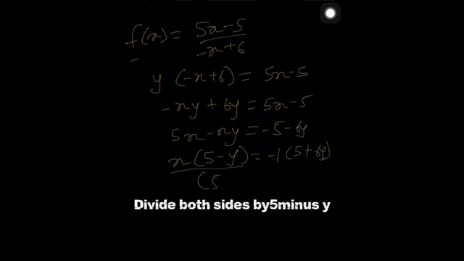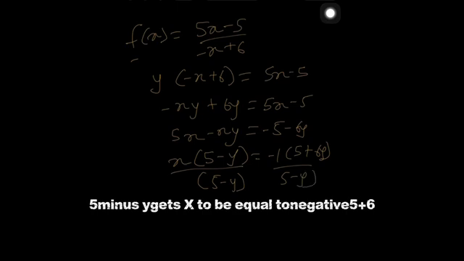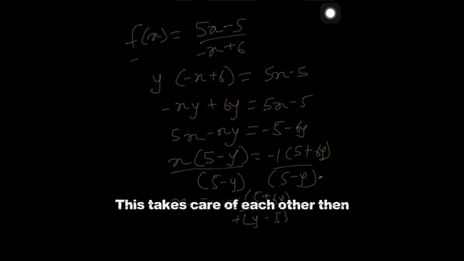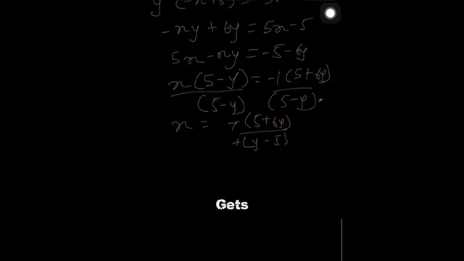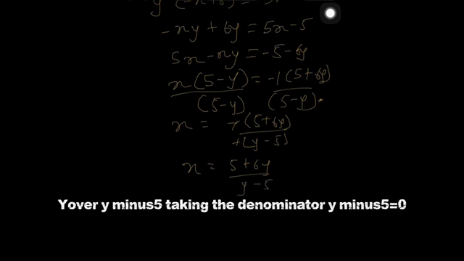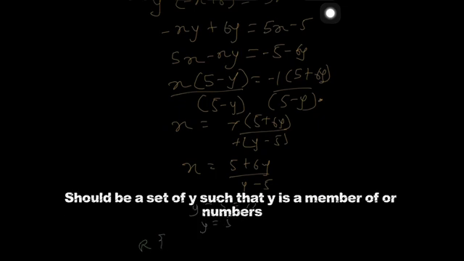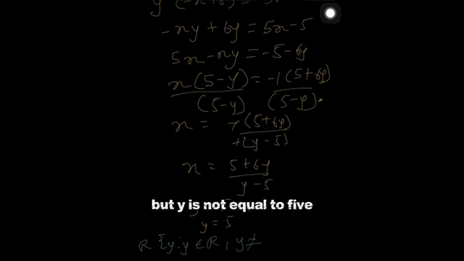Divide both sides by the bracket. Factor out negative 1, and the negatives take care of each other. Then we get x to be 5 plus 6y over y minus 5. Taking the denominator, y minus 5 equals 0, y will be 5, meaning that the range is the set of y such that y is a member of all real numbers, but y is not equal to 5.